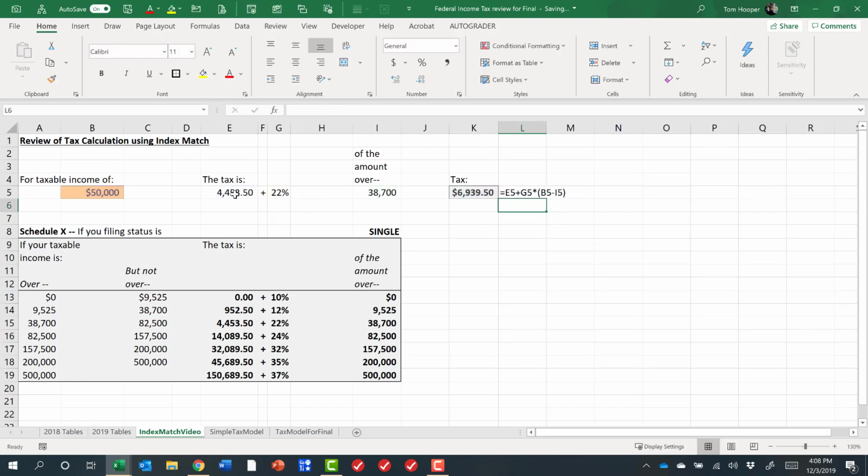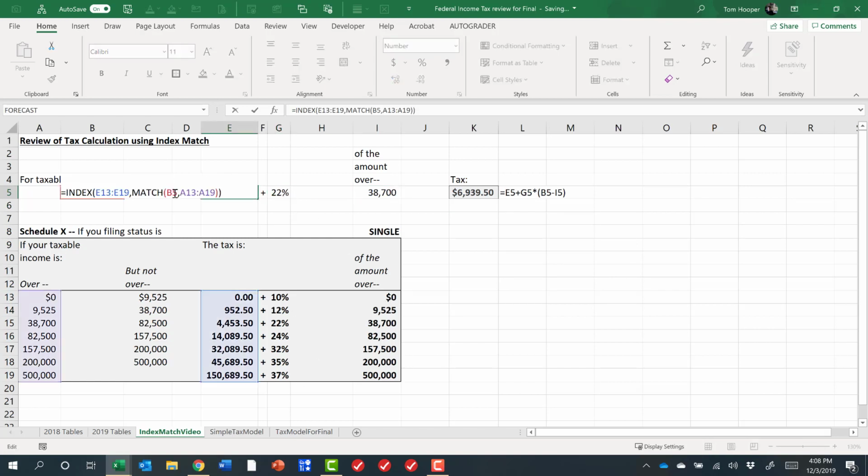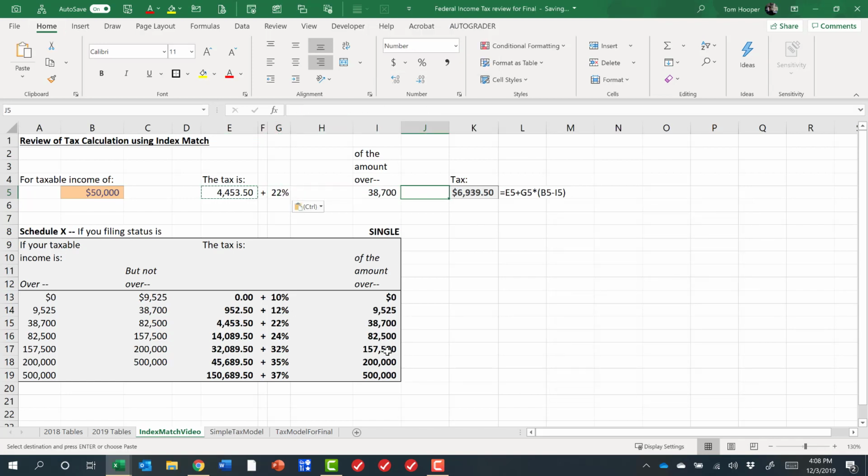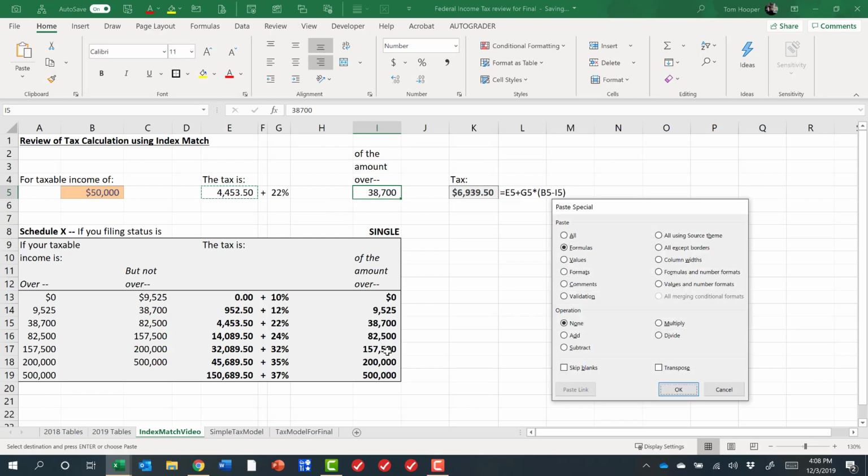Now all we need to do is make all 3 of these dynamic with an index match. So I think I can do that by copying. I'm going to leave the match column A with absolute references, and then let the index just reach down to the column beneath it for the next 3. Copy, paste formula, paste formula.